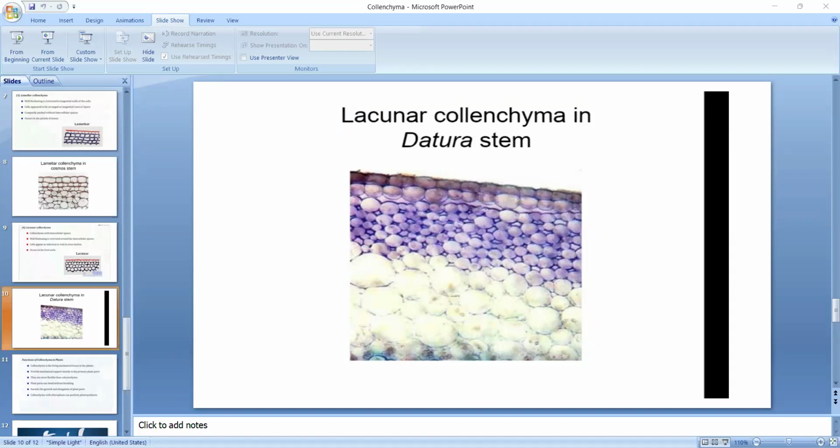Sometimes, even when wind comes with force, collenchyma is present at the leaf margins, so that tearing effect does not apply. Tearing means damage to the leaf, which does not happen. So what is the reason? Collenchyma is present at the tips of the margins of the leaves. That is the main function of collenchyma. And when chloroplasts are present, the cells carry out photosynthesis. These are all about collenchyma.